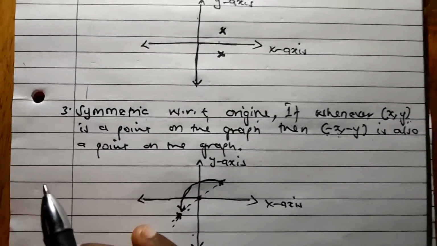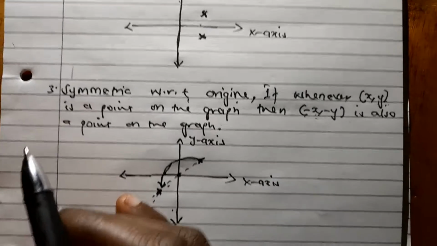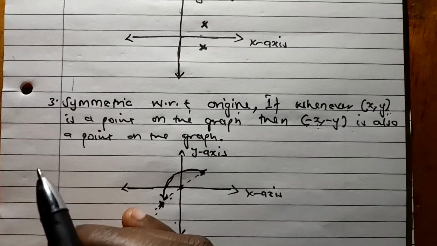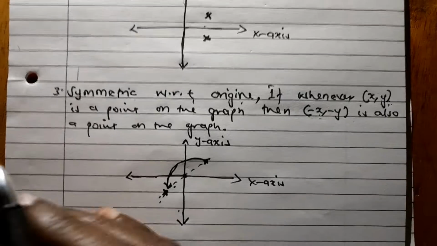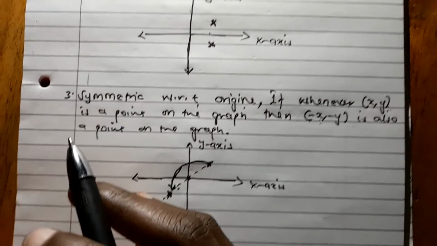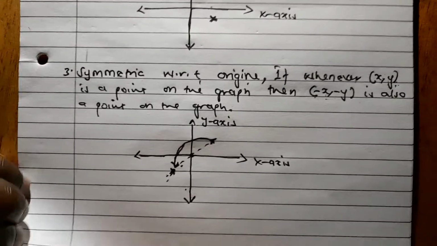How do we determine the symmetry of a given function or an equation? Or in simple terms, how do we test for symmetry? So we will go ahead and discuss testing for symmetry.